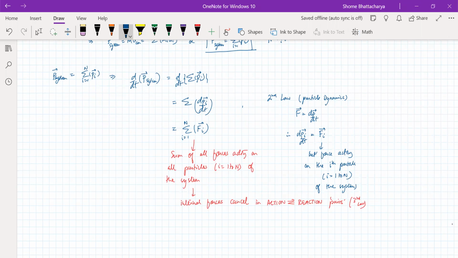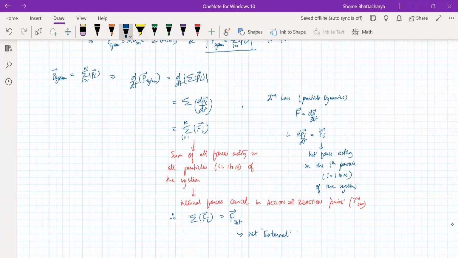They will cancel in action reaction pairs when we do the vector sum, and therefore when we do summation of Fi, we will have only the net external force left. Internal forces cancel. So summation of Fi becomes the net external force. The internal forces don't count, only the external forces.